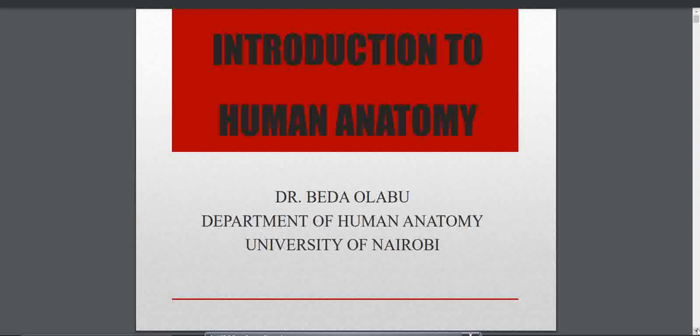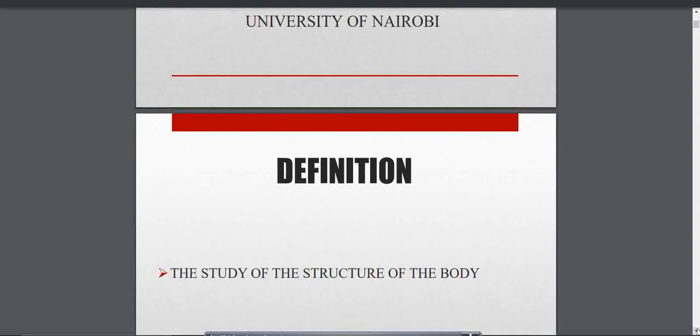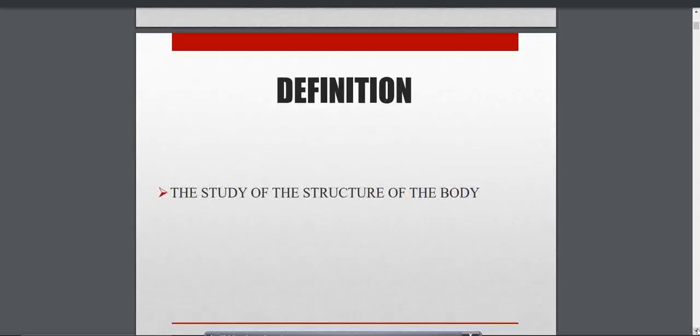So this is the introduction to human anatomy. The definition here of human anatomy is simply the study of the structure of the body. Remember, just like the framework which is composing any matter or any structural object, it has to have independent entities that together are compiled, and then through a given art of design they give that object its shape or structure.